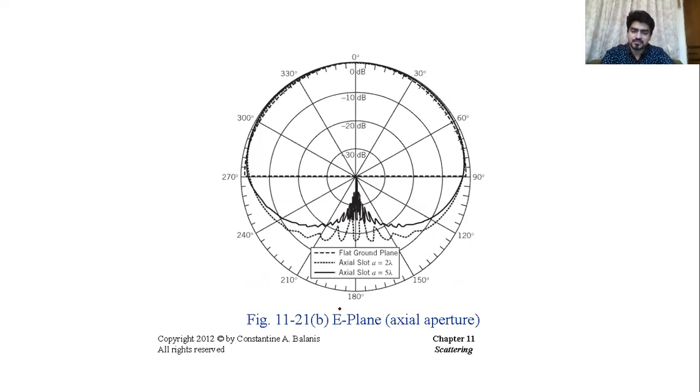So for E plane axial aperture, again horizontal plane, you have very high radiation values even for the grazing angle towards this direction. You have very high radiation for all three cases: for the flat case, for the cylindrical case with 2 lambda radial dimension, and even for the 5 lambda radial dimension.